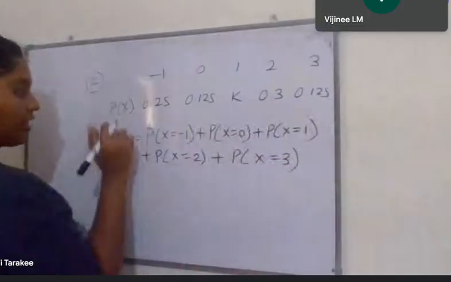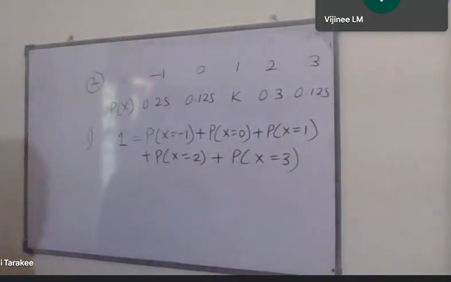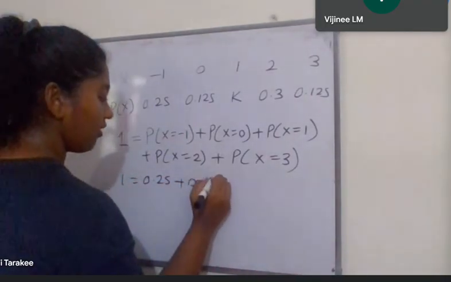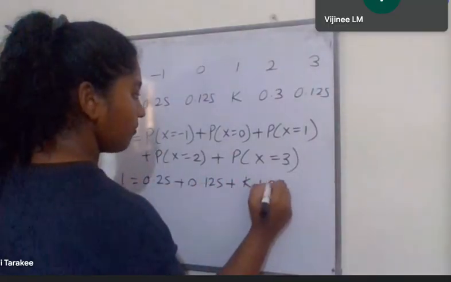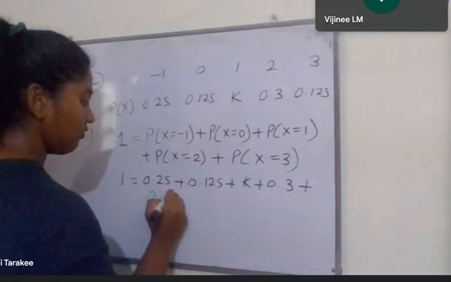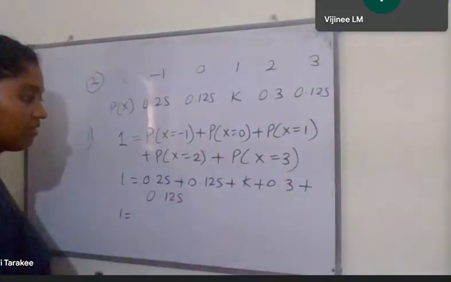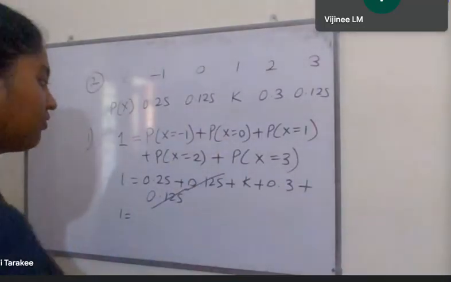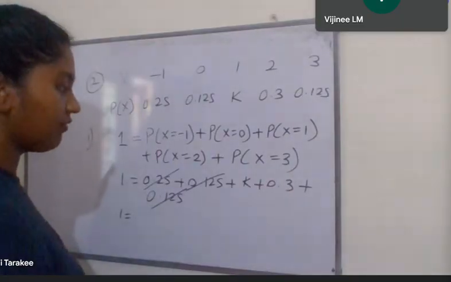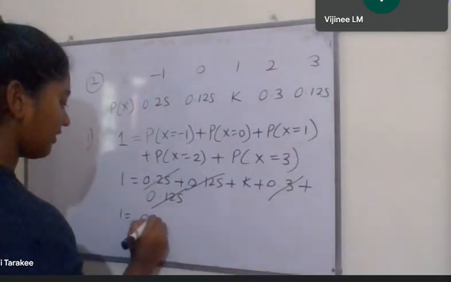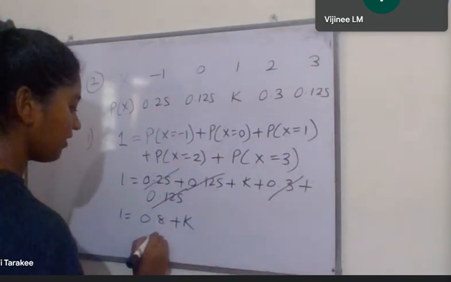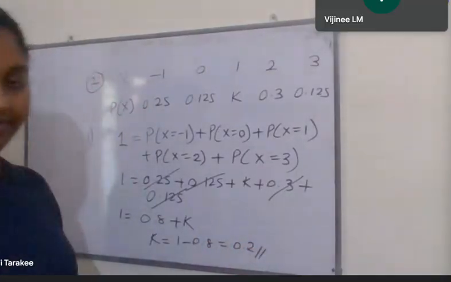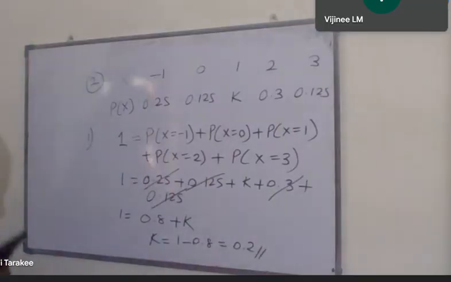The probabilities add up to 1, no? That is the theory, no? So 1 equals 0.25, 0.125, K, 0.3, 0.125. So 1 equals 0.125 and 0.125 you get 0.25, 0.25 and 0.25 you get 0.5, 0.8 plus K. So K equals 1 minus 0.8, which is 0.2. That is the value of K. Okay.